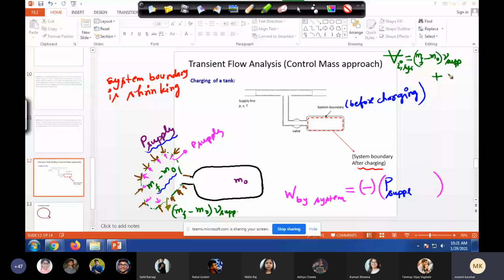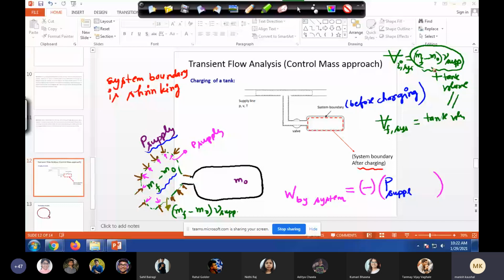That is my initial volume of the system, which is the control mass, right? And then what is the final volume of my system? Yes, the tank volume. Tank volume, right? That's why I said you are making this component 0, so that tank volume equals tank volume.